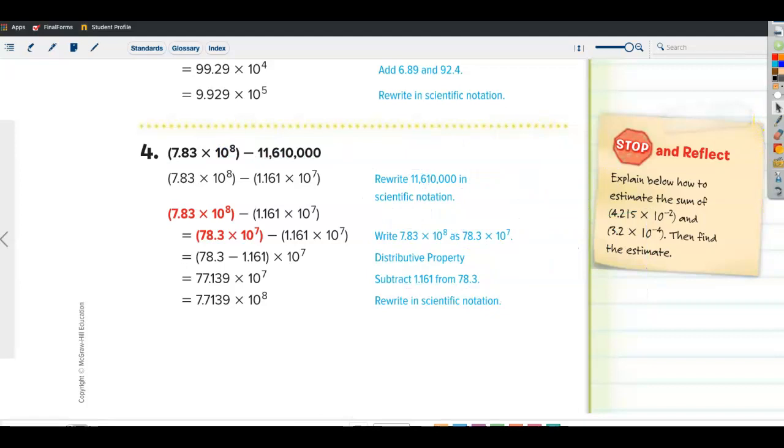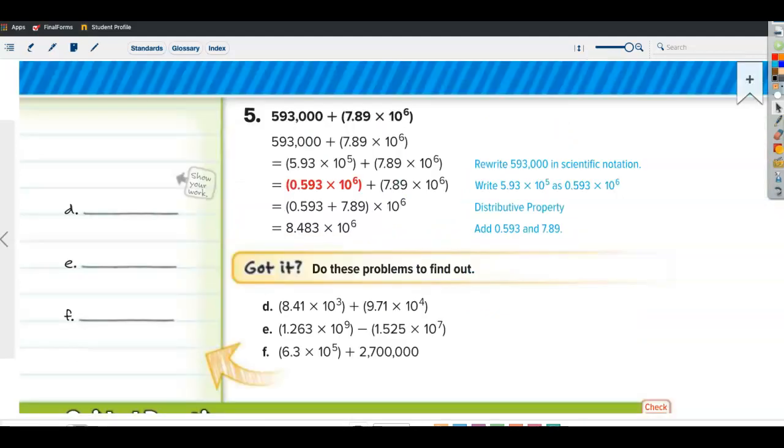I got one more example. Okay, example 5. Do I have a number that's not in scientific notation? Yeah. Okay, so Dalton, how many times do you want me to move the decimal in this first number? 6 times, because you want it to match this exponent, right? Okay, so Dalton, if I moved it 6 times, what would I get?